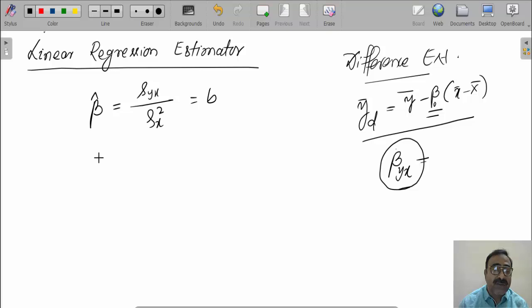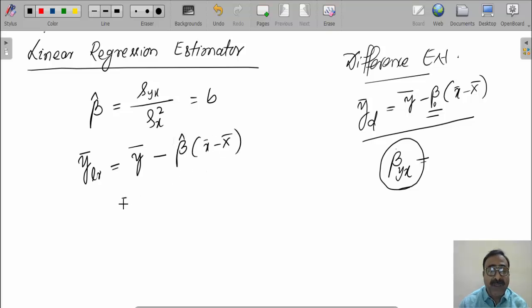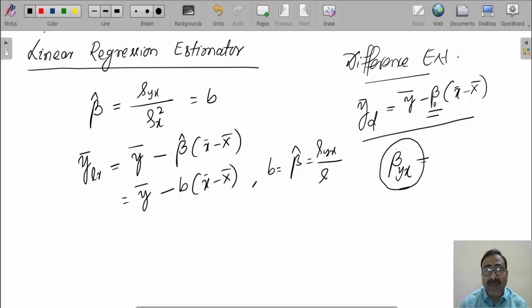So the linear regression estimator for estimating the finite population mean is given by ȳ_LR = ȳ − β cap (x̄ − X̄) = ȳ − b(x̄ − X̄), where b = β cap = s_yx by s_x square. This is the sample regression coefficient of y and x.